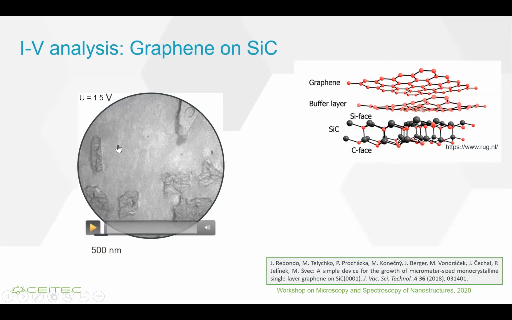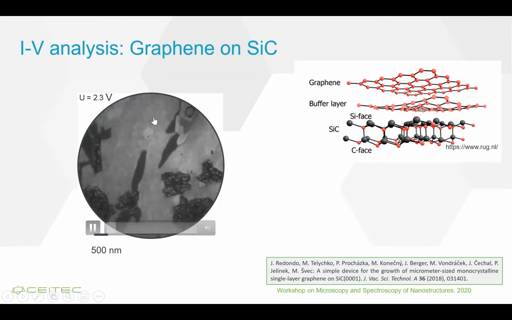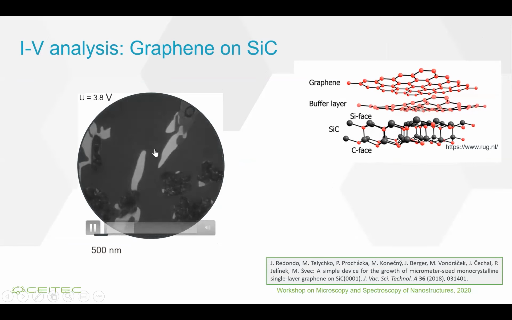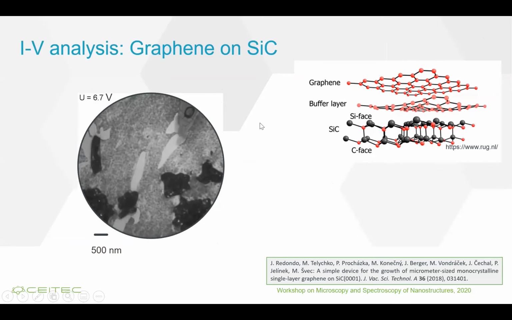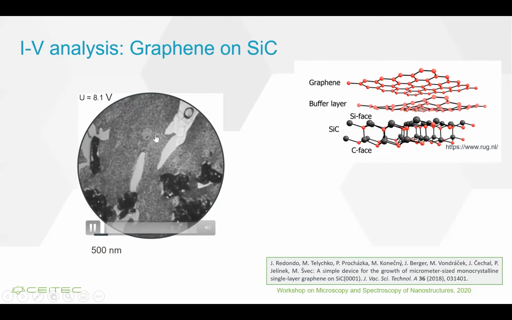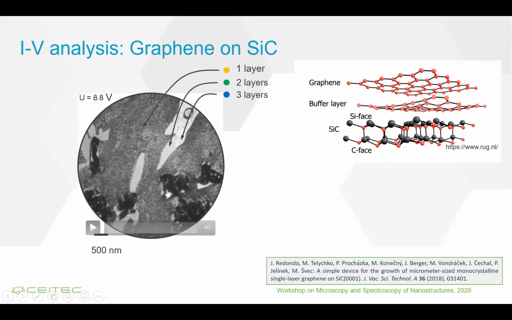We see that we have different parts of the sample which show different energy dependence. So if we just change the energy here, we see that the islands are changing contrast. And based on this, we can identify that the majority of the surface is single layer graphene. Some parts are 2-layer graphene, and some parts are 3 or more layer graphene.